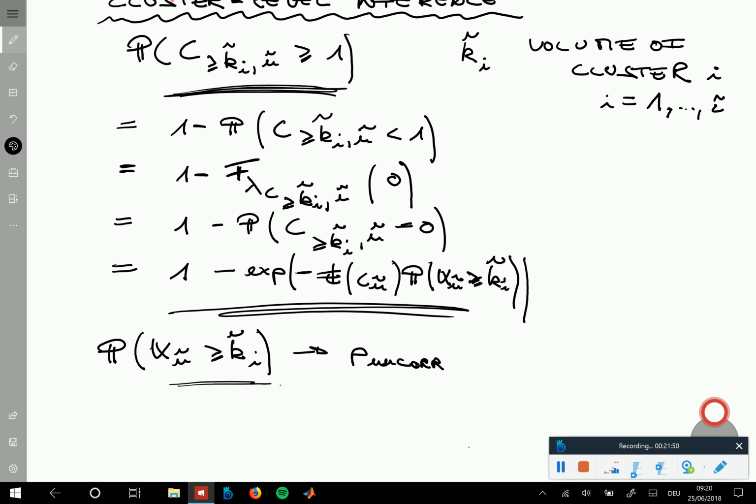This is the probability of seeing a volume larger or equal to k, and this is the probability of observing one or more clusters of a volume larger or equal to k at this threshold.